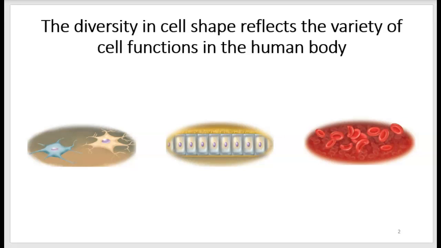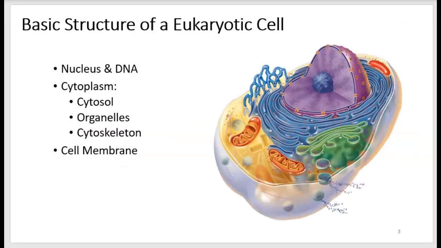So cells do have a variety of shapes and a variety of internal structures due to their functions, but in this lecture we're going to focus on what they have in common.